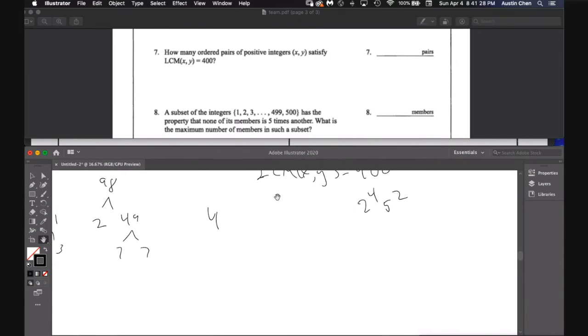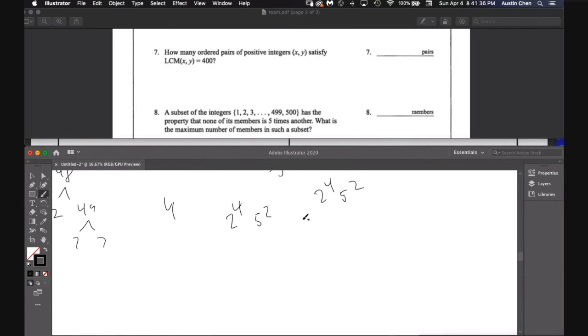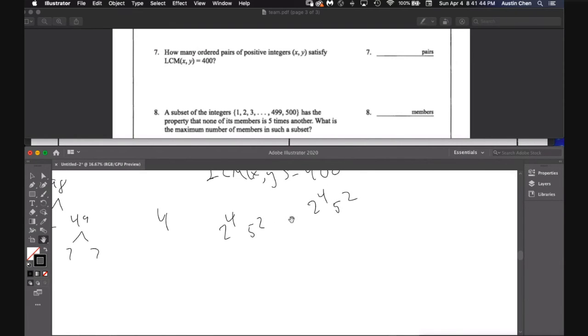Let's just say our 2 to the 4 and 5 squared both end up in x. So then what can y be? Well, because 2 to the 4 and 5 squared were already taken from x, then y can be y's 2 and 5 factors.